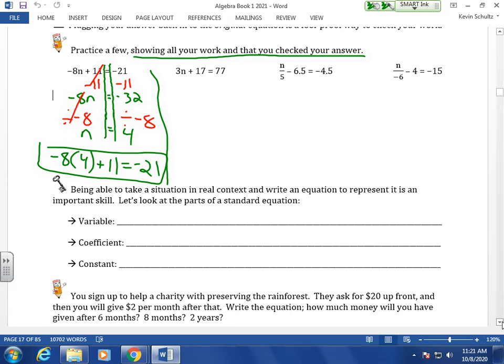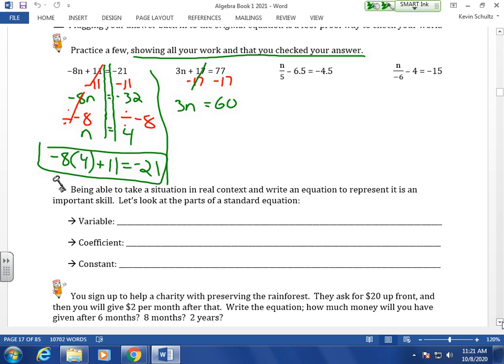What's our first step? Subtract 17 from both sides. That's right. 17 minus 17 equals 0, so that cancels out. And on the right, to keep this equation balanced, 77 minus 17 is 60.